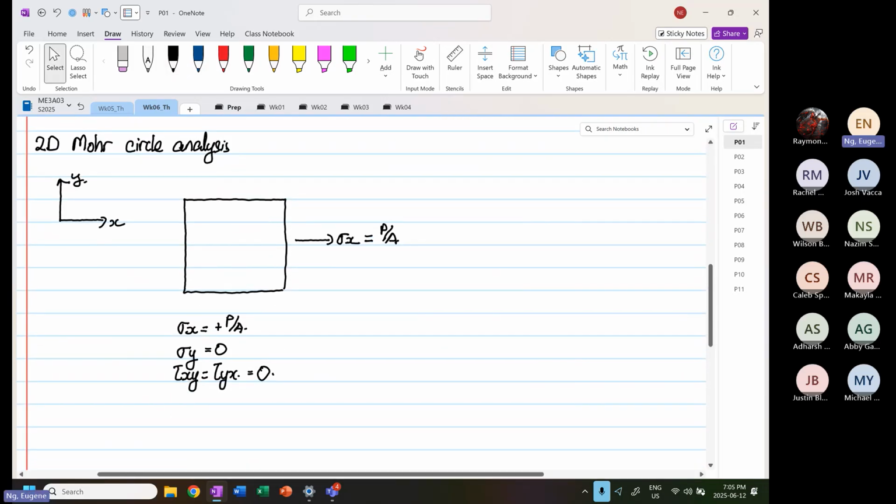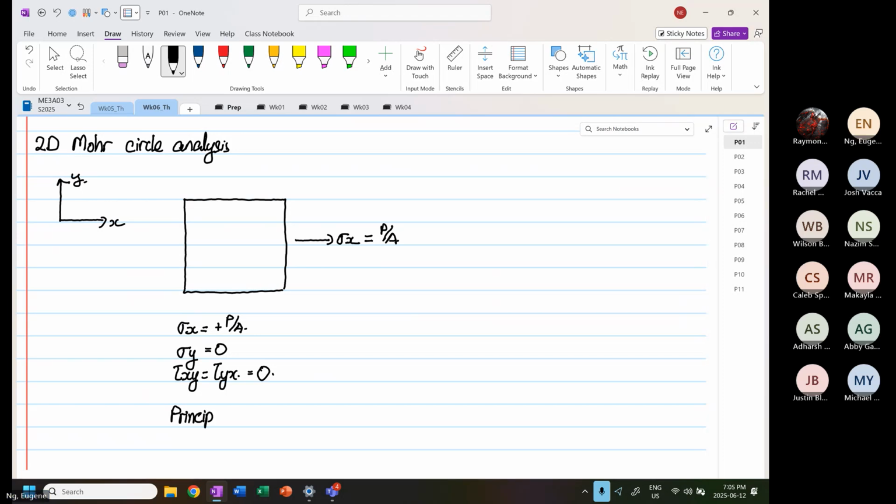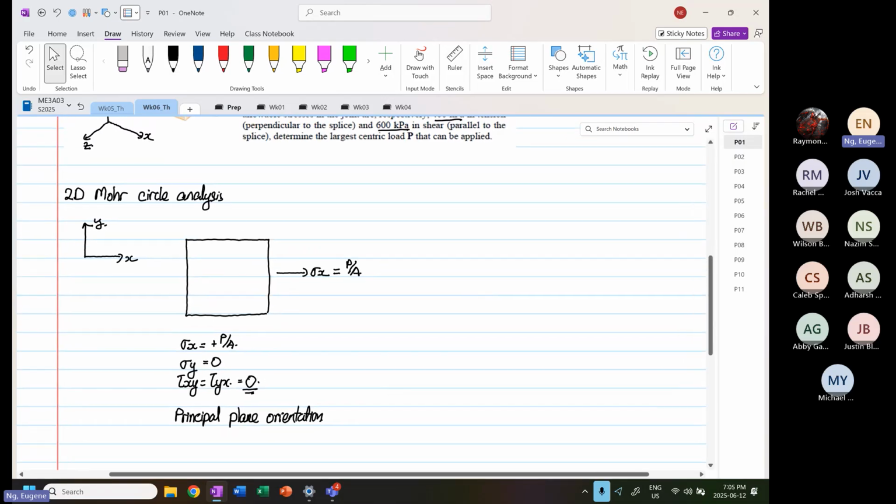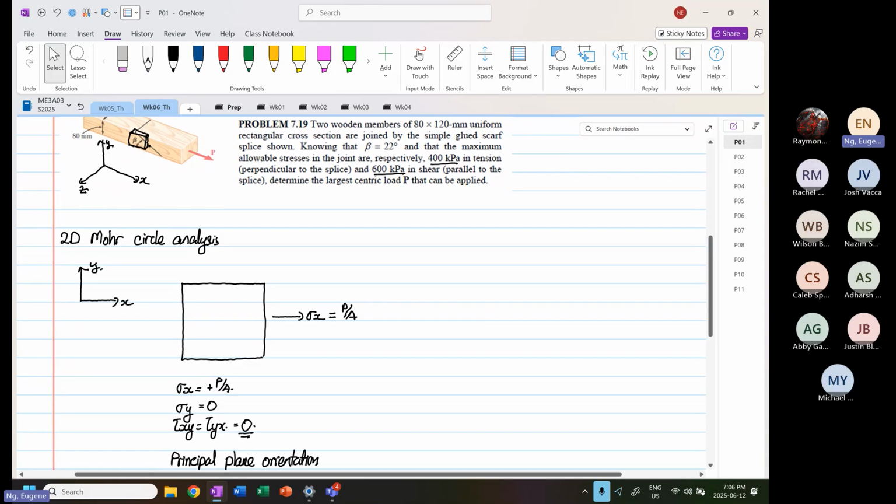So what we have on this element over here is the principal plane orientation. And why it is a principal plane orientation is very straightforward, because the shear stress is equal to 0. So that's a no-brainer given to us.